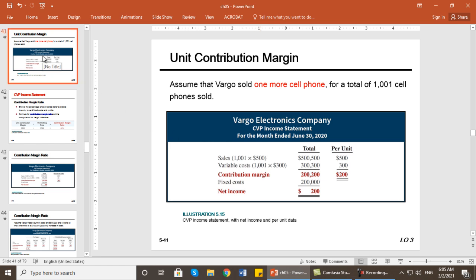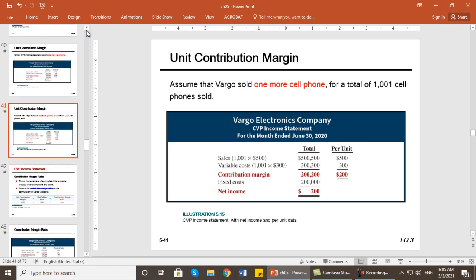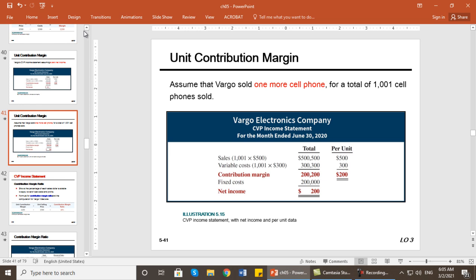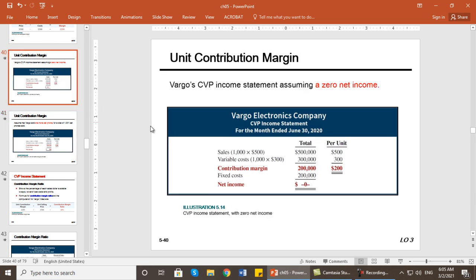Also, if we compute per unit as a percentage, here's 100% and variable 60%, contribution margin 40%.